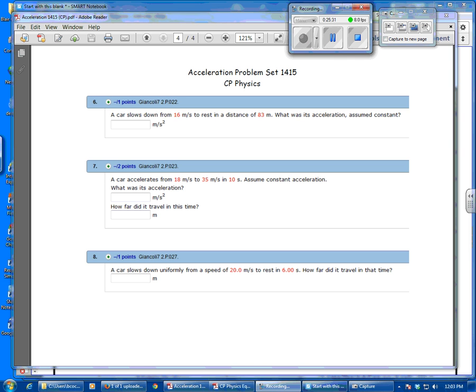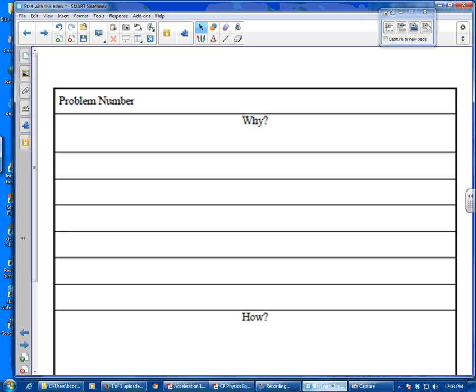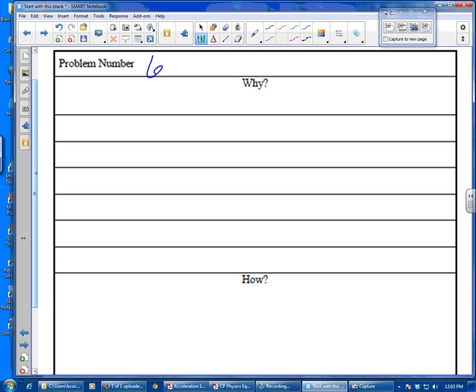All right, we're going to do number 6 here, and we only have a few minutes, so I want to do a quick one. The y here for number 6 is very similar to the last one we just did. Acceleration is the rate the velocity changes.